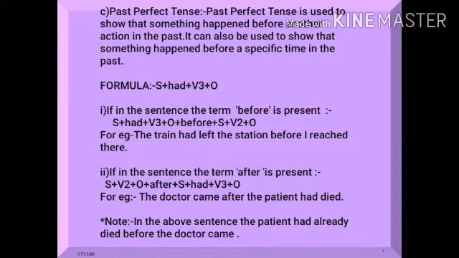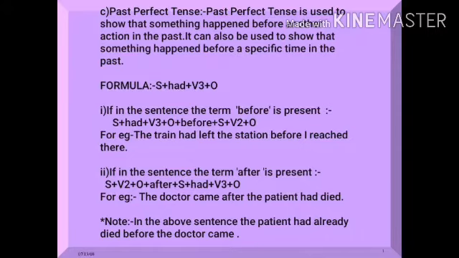If the term before is present, then you will apply this formula: subject plus had plus V3 plus object plus before plus subject, that means the second subject which will be present in the sentence, plus V2 plus object, that means the second object I am talking about.